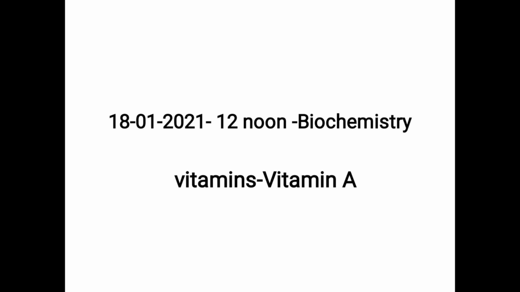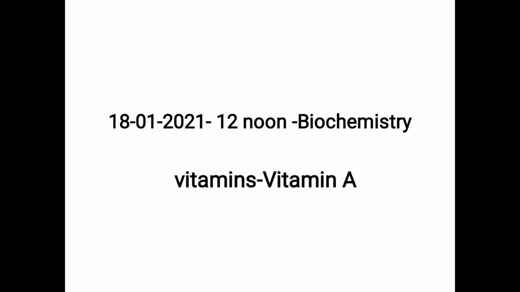Three compounds of vitamin A: retinol, retinal which is an aldehyde, and retinoic acid, which is a carboxylic acid, COOH. Retinol, retinal, and retinoic acid are three forms of vitamin A.